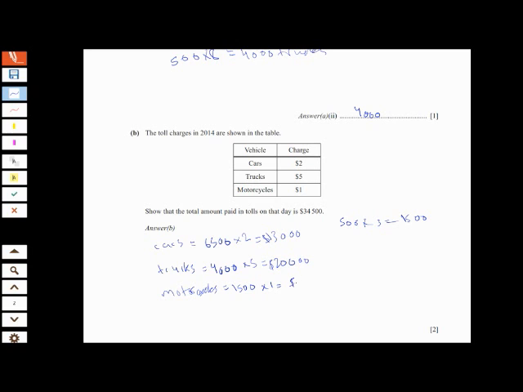And now they want the total amount, so you're going to add all these three numbers. 13,000 plus 20,000 plus 1,500. You'd get 34,500. Shown.